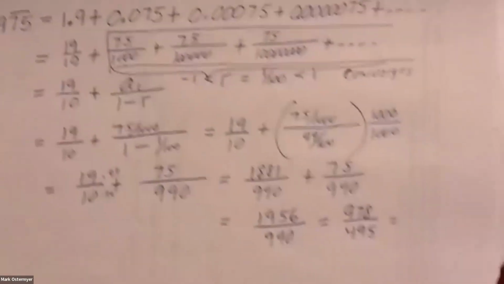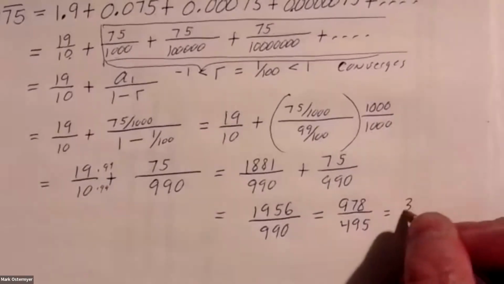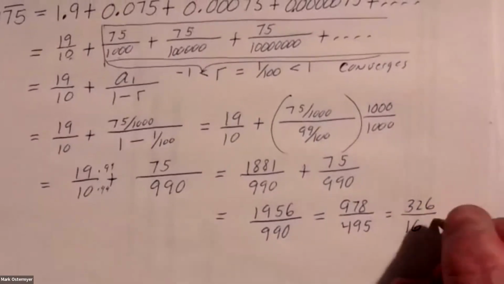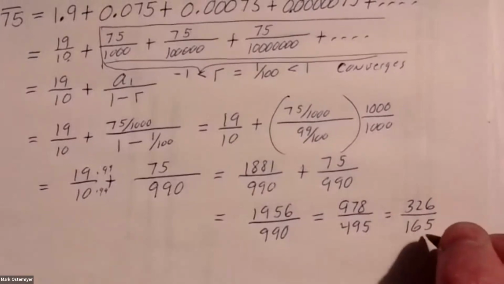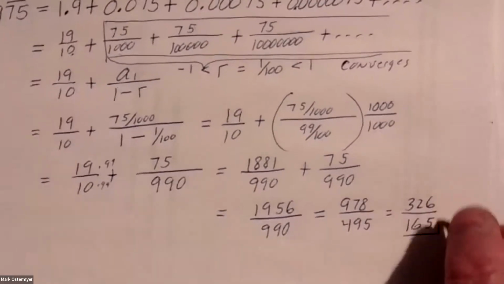Can you reduce this any more? Well, you can reduce by 3. 978 divided by 3 takes us down to 326. And what's 495 divided by 3? 165. Let's see, that's as low as it's going to go.